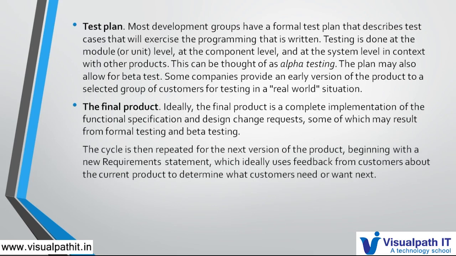The cycle is then repeated for the next version of the product, beginning with a new requirement statement which ideally uses feedback from customers about the current product to determine what customers need or want next. So why do they do all this alpha testing, formal testing, and beta testing?